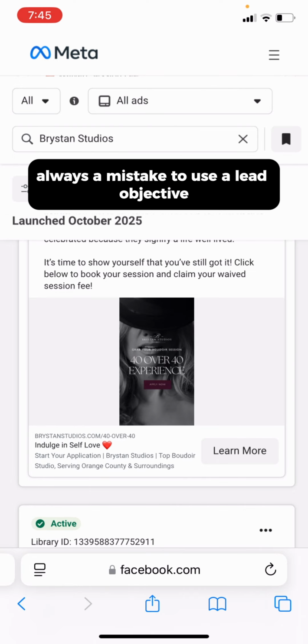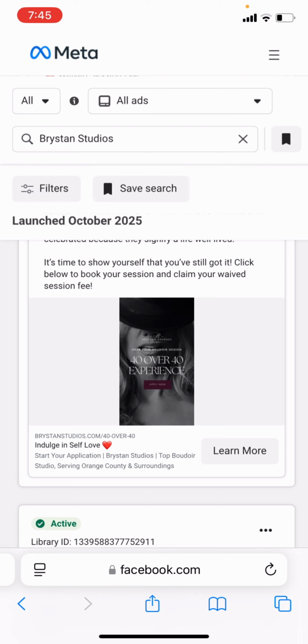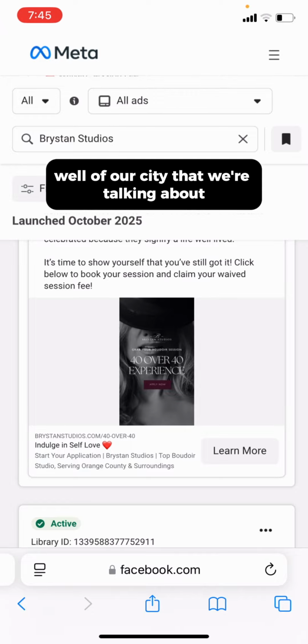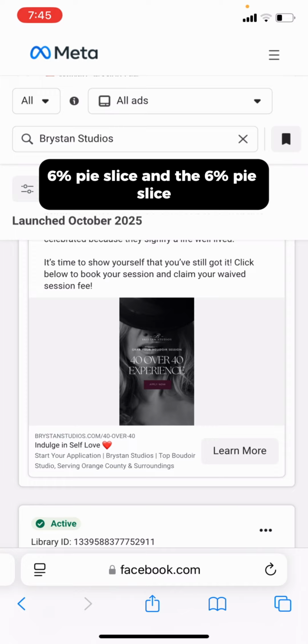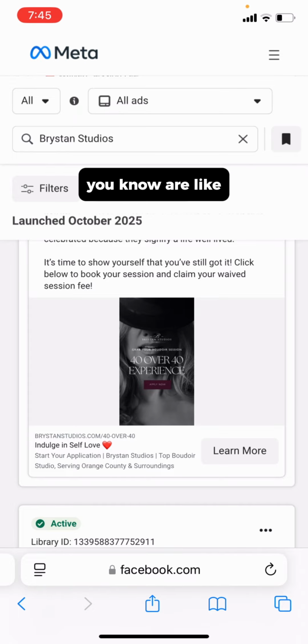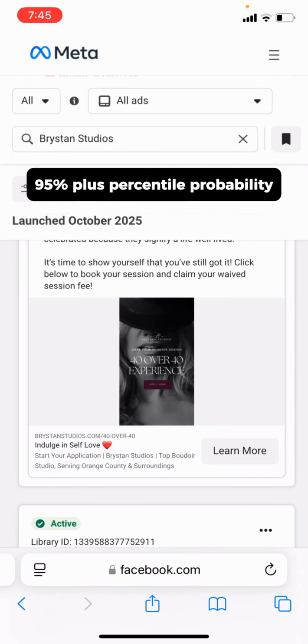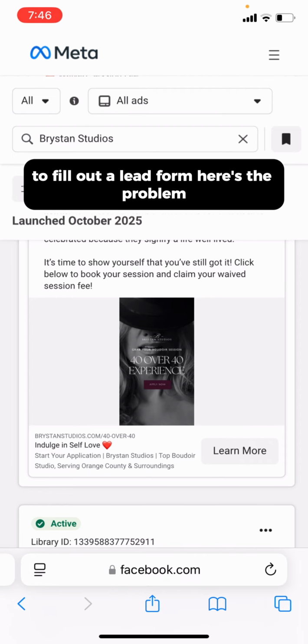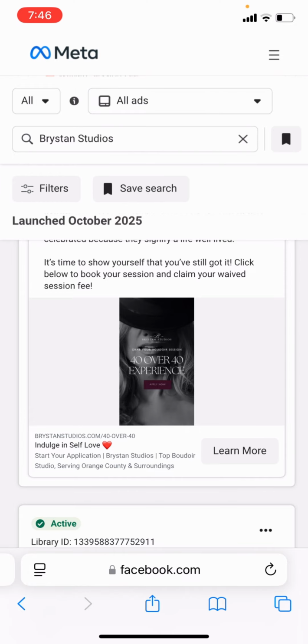When we use a lead objective, what Meta does is it goes and finds a 6% slice of the market. The 6% pie slice of our city that we're talking about will basically be the meta profiles that are like 95% plus percentile probability to fill out a lead form. Here's the problem.